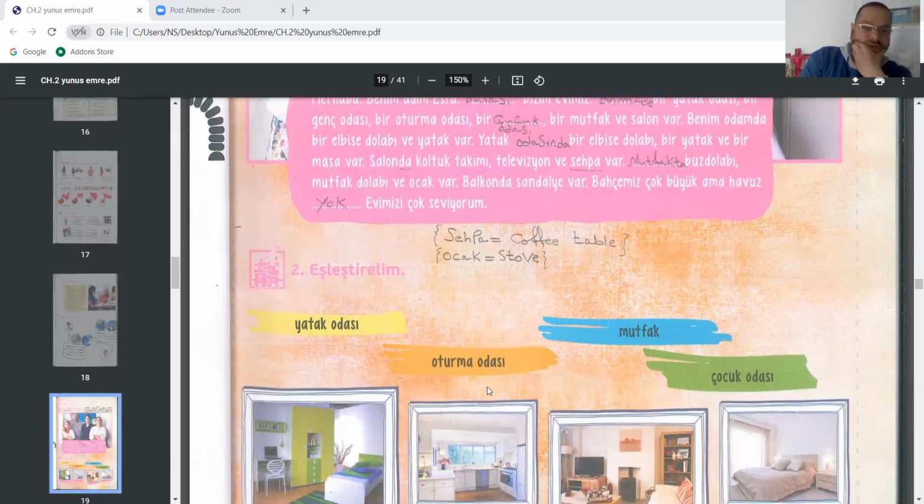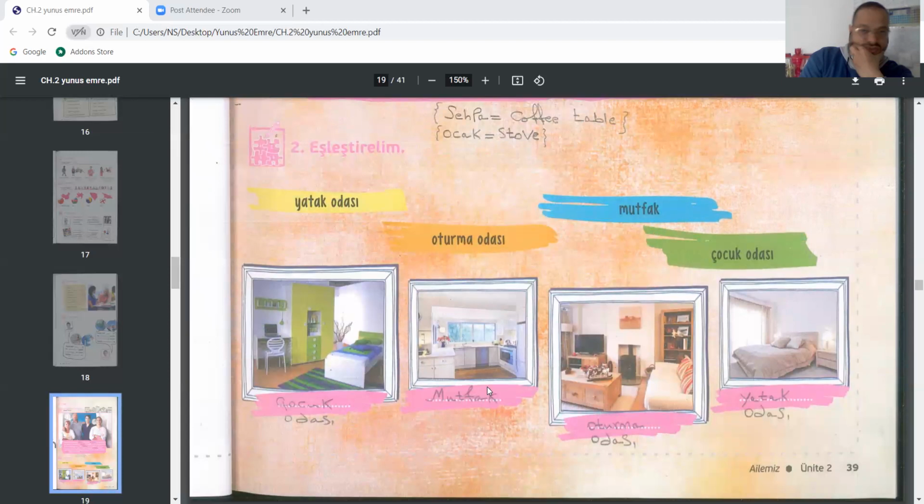İşleştirelim. Yatak odası. Let's know what that means. Yatak odası, with some pictures. Here, it's mutfak. That means kitchen. Oturma odası, like I said before, for the guests. Yatak odası, to sleep. And çocuk odası will be like that. Here is the dolap, yatak.